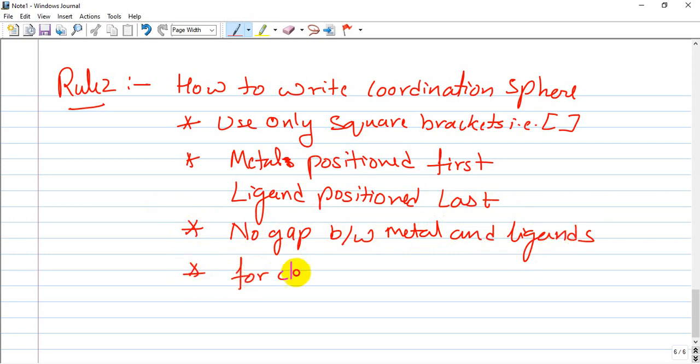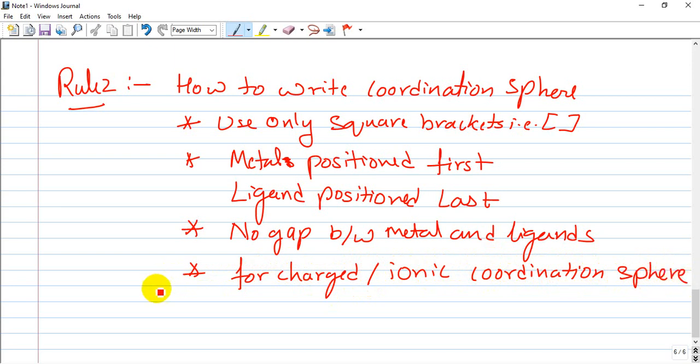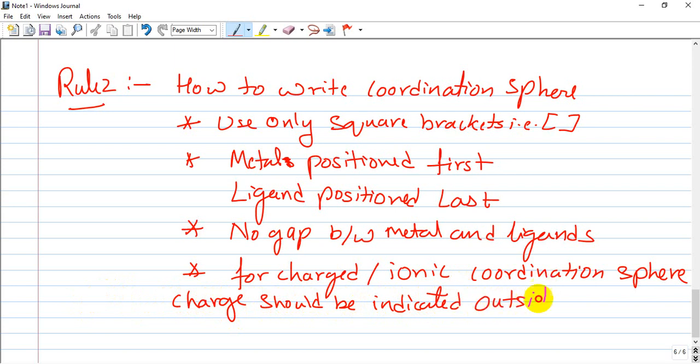And for a charged or ionic coordination sphere, the charge should be indicated outside the square brackets as a superscript.